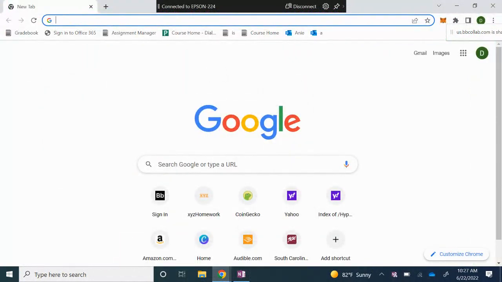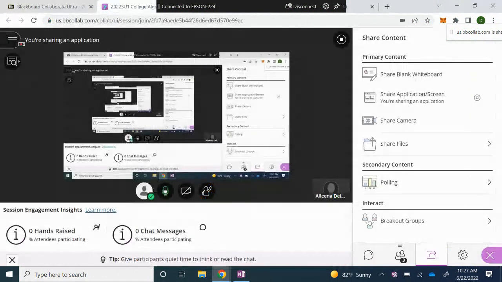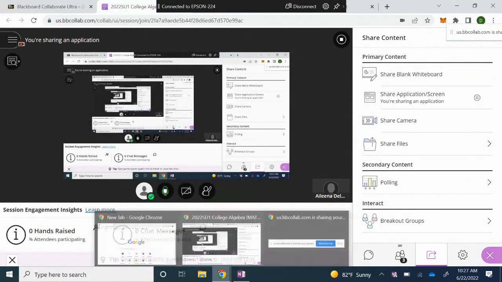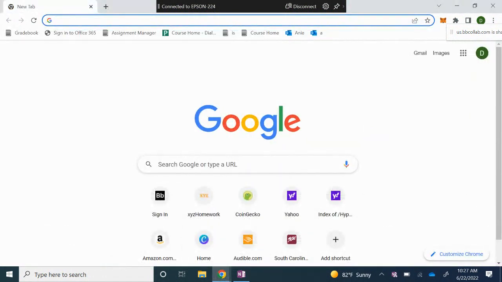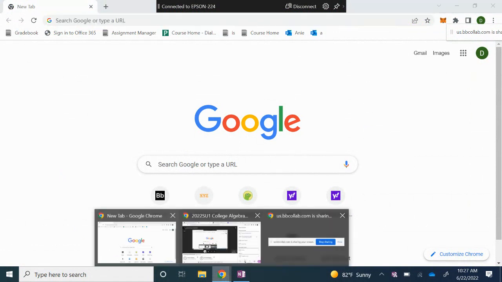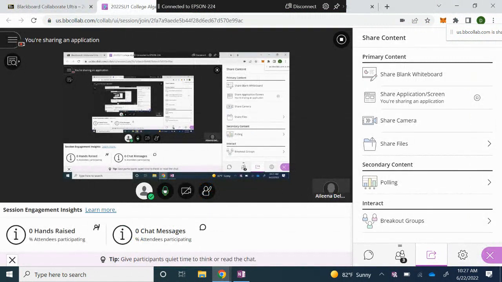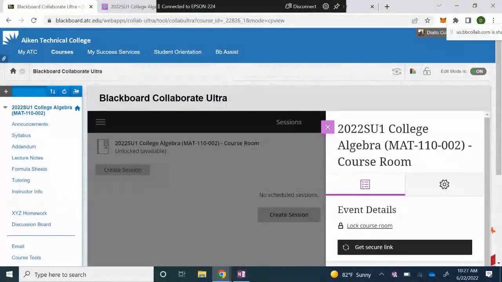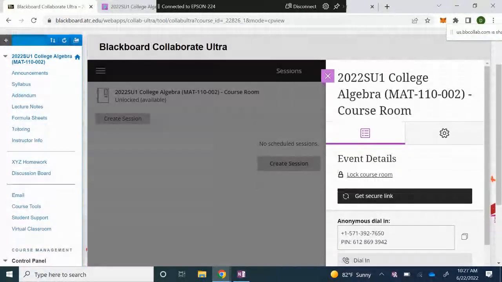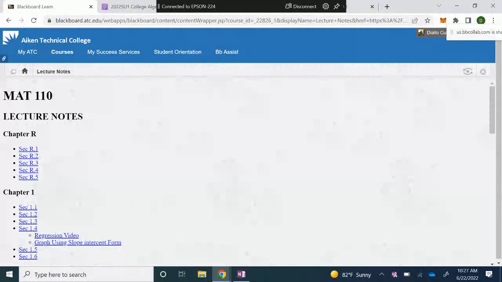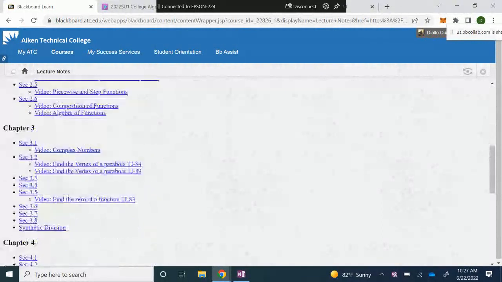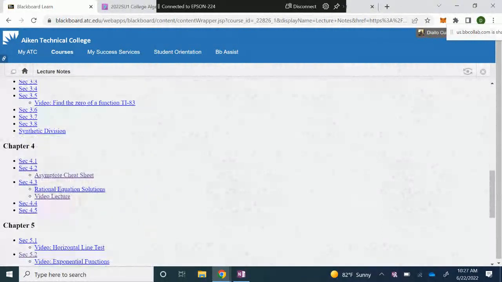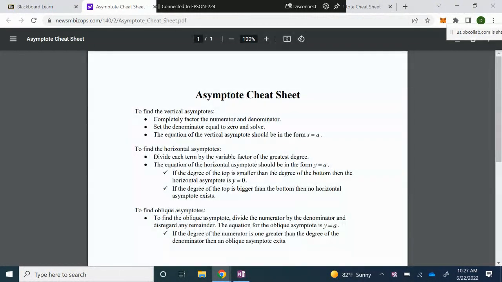Well, I guess before we actually do that, if I go back to our home page in the course, I'm going to go into lecture notes. I'm going to scroll down to chapter 4, and where it says 4.2, asymptote cheat sheet, I'm going to bring up this asymptote cheat sheet.